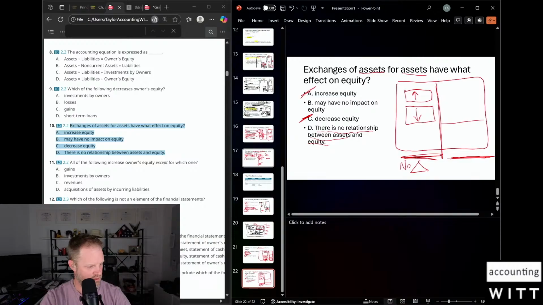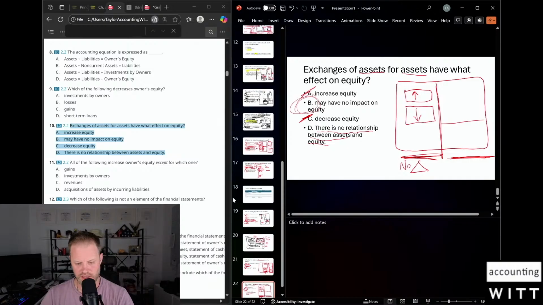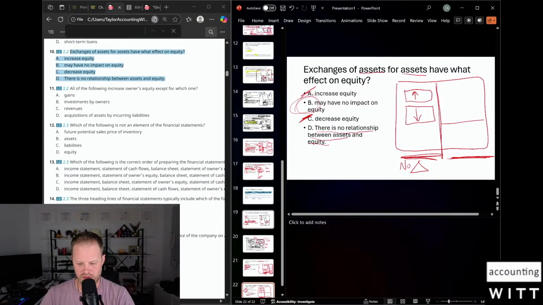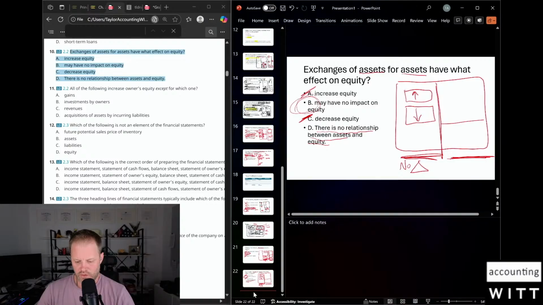It's weird. No idea how they're rationalizing that. I mean, the closest thing would be B, because in theory it could if they're different values. So I would say it's B, but that's tricky. Well, I just don't know what they're getting at, what thing they're trying to quiz you on.